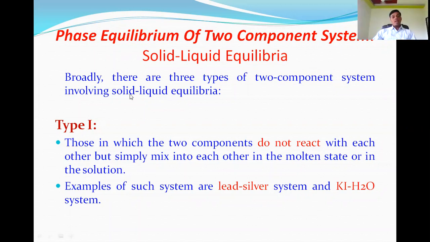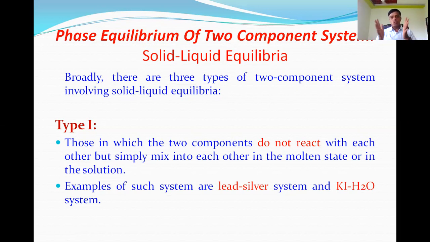And broadly we can say that there are three types of two component system involving solid liquid equilibria. What three types of solid liquid equilibria? We are mixing two components, one is lead and another is silver.